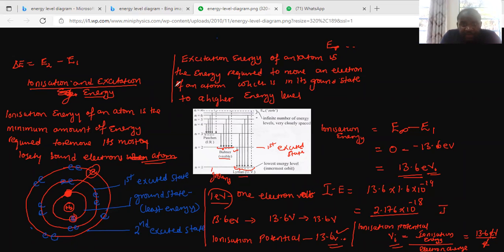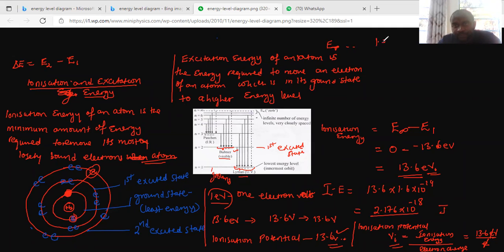So you're moving an electron which is in the ground state to any higher energy level or to any excited states. In that sense, we are saying you are exhibiting what we call the excitation energy.